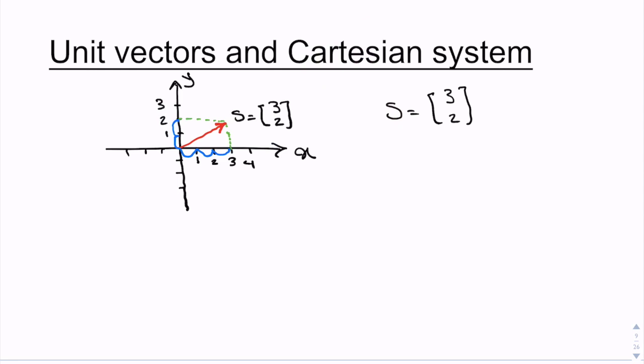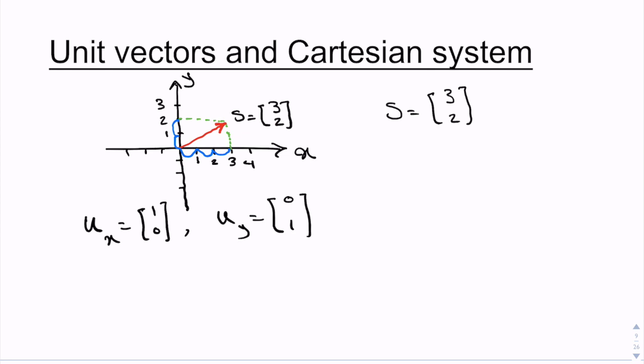If I say u_x is the unit vector of 1 and 0 in this coordinate, and u_y is another unit vector of 0 and 1, then I can claim that I can express any vector in this space in terms of these two vectors.